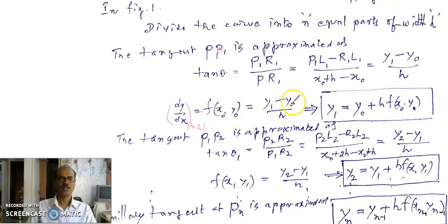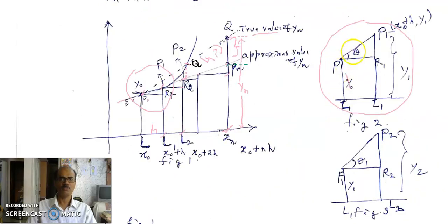So y1 minus y0 by h, this is the simplification, and we require to know what is y1. Cross multiply this and transfer y0 to this side, and y1 is equal to y0 plus h into f of x0, y0. So this is the ordinate of the point P1 on this curve.